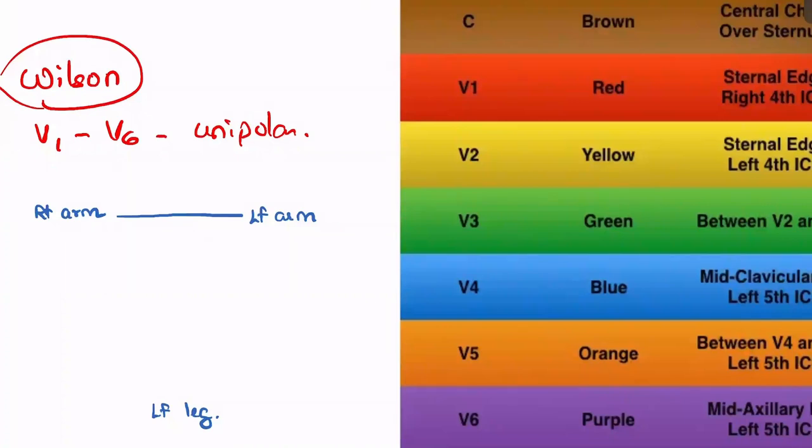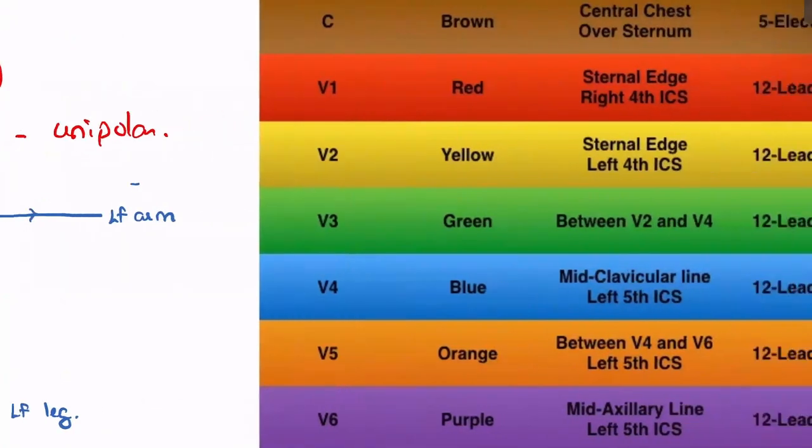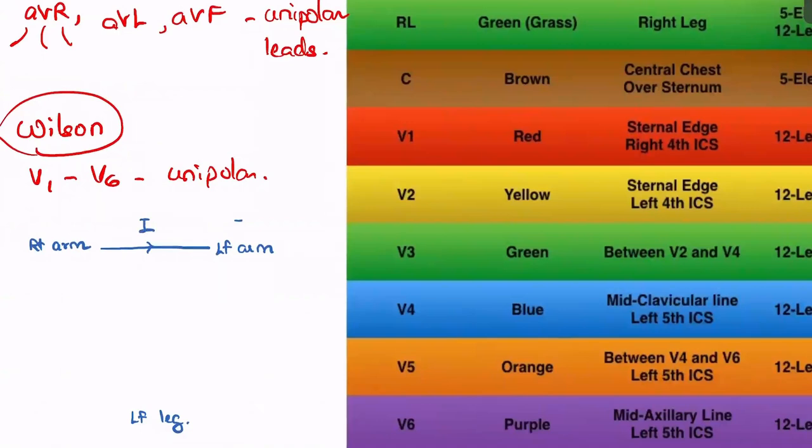So right arm to left arm is the action potential difference, which we call lead 1. Left arm to left leg is lead 3. Right arm to left leg is lead 2.